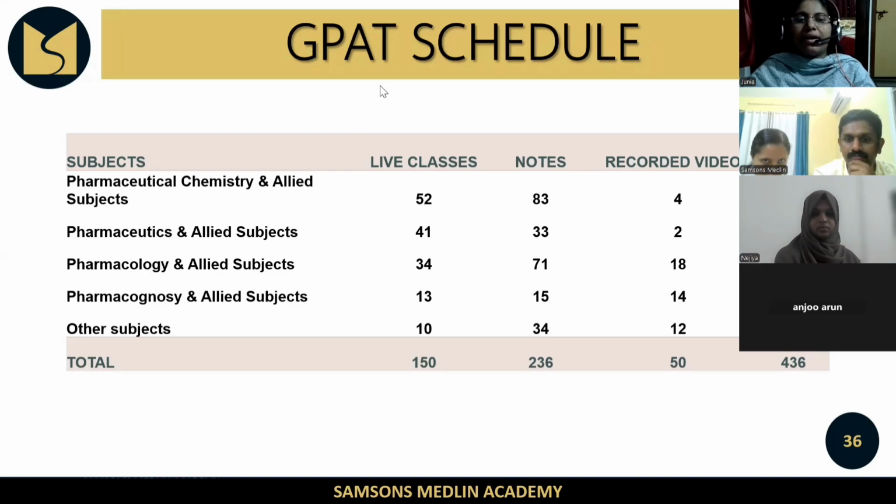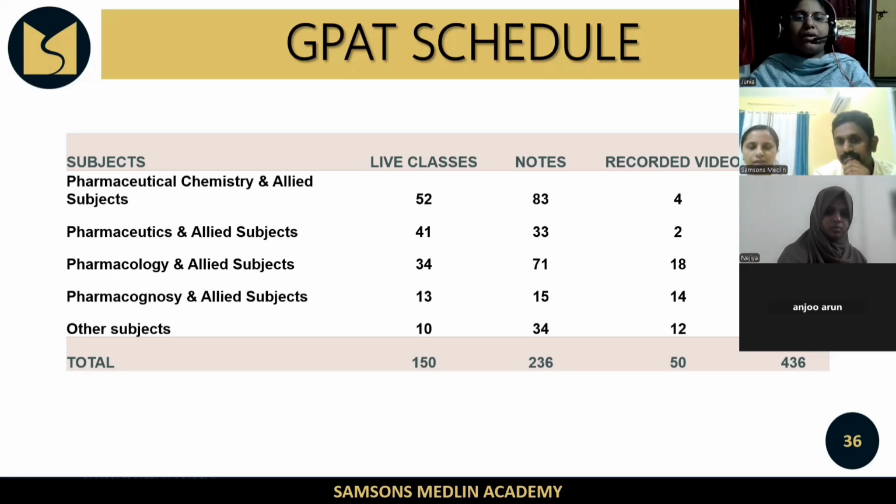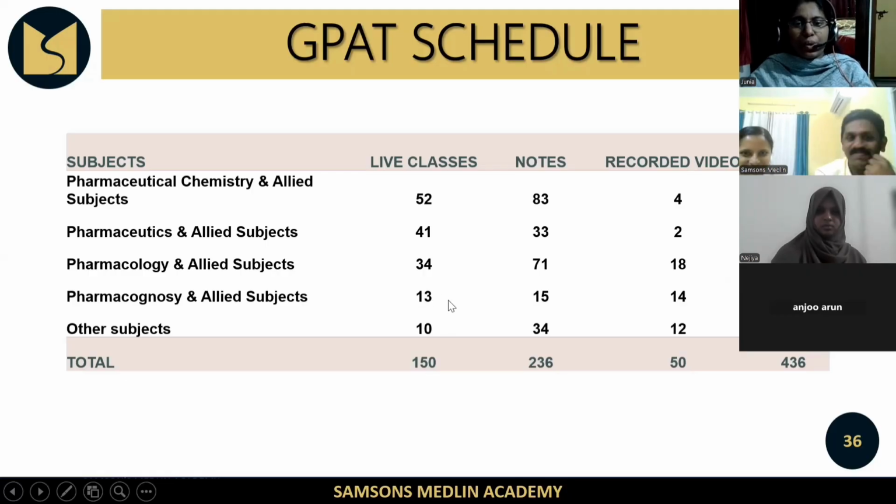Based on that data, we are providing you the live classes and other study materials with more importance to pharmaceutical chemistry and pharmaceutics, followed by pharmacology, pharmacognosy, and other subjects. A total of 150 live classes will be given to you in the period of September to April. We are planning to end this long-term course by April 30. After that, till the time the GPAT 2026 examination is announced, we will be giving you mock tests.